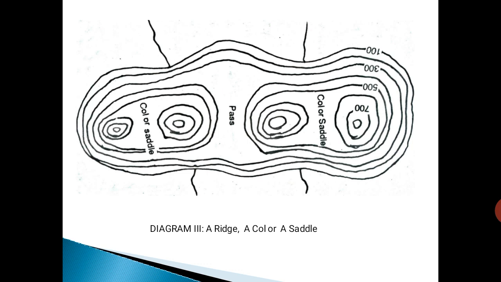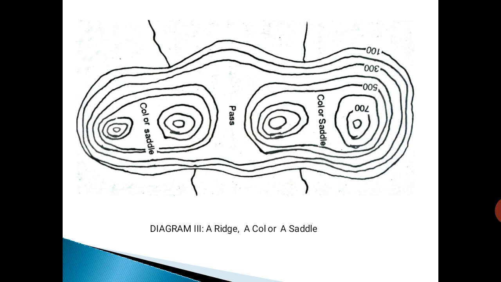Also, if you look towards the left hand side, after where a pass is written, you can also see the same feature where a col or a saddle is written. And so that kind of a gap, at a reasonably elevated height, is what is referred to as a col or a saddle.